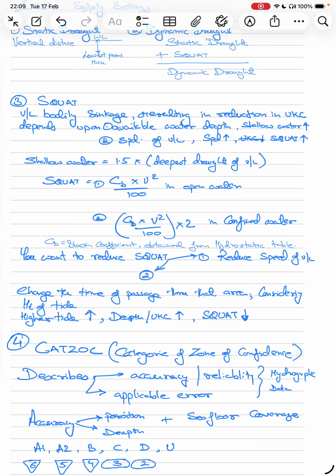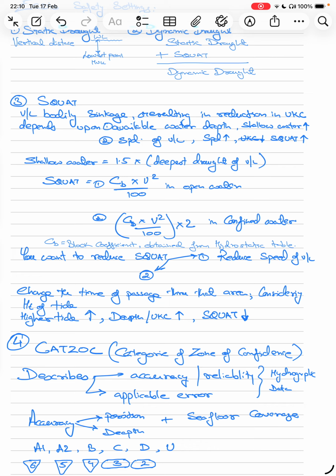Now, for example, in a particular passage, you want to reduce the squat the vessel is experiencing. What will you do for safety purposes? One thing that you can do is reduce the speed of the vessel. And the second thing that you can do is change the time of the passage through that area, while considering the height of tide.